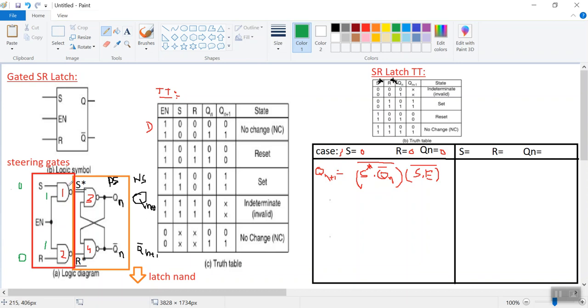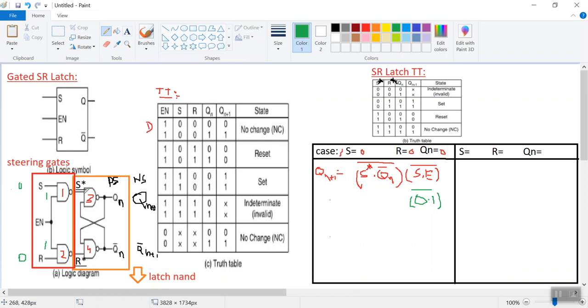What is the output at this NAND gate? The first NAND gate inputs are 0 and 1, so multiplication takes place. 0 into 1 is 0, so S is 0, multiplication with enable 1, and the whole complement of 0 into 1.